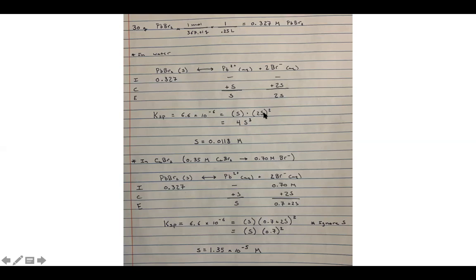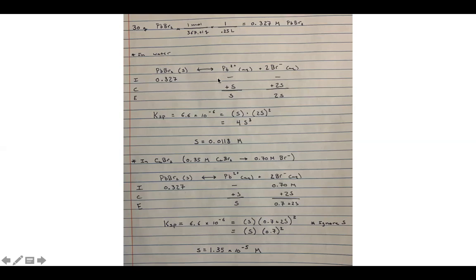Through algebraic manipulation, this is equal to 4S cubed, which equals 6.6 times 10 to the negative 6. When we solve for S, it comes out to 0.0118 molar.